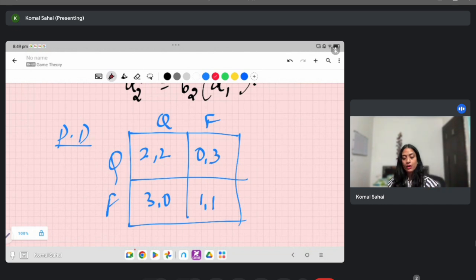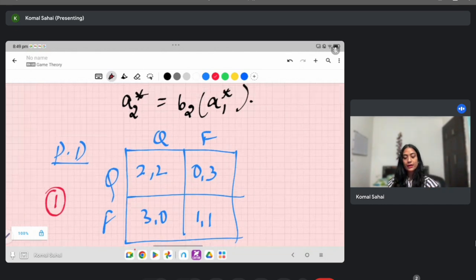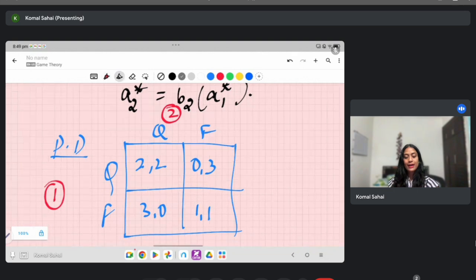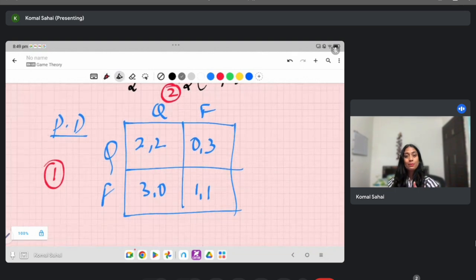So now you are player 1, and you are thinking that if player 2 is going to play quiet, that means you have to look at this column. If player 2 is going to keep quiet, what is my best response? 2 or 3? 3 is higher, so you underline 3.